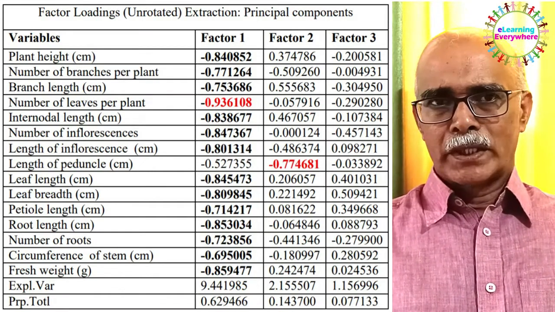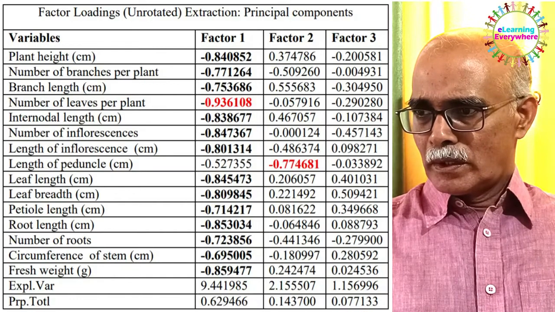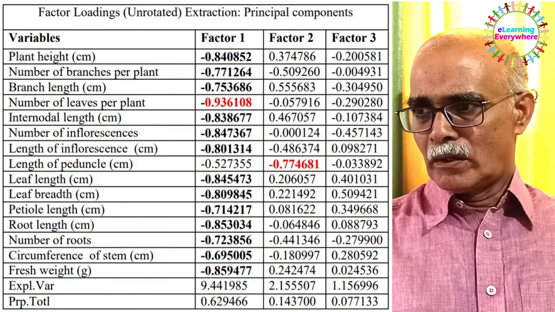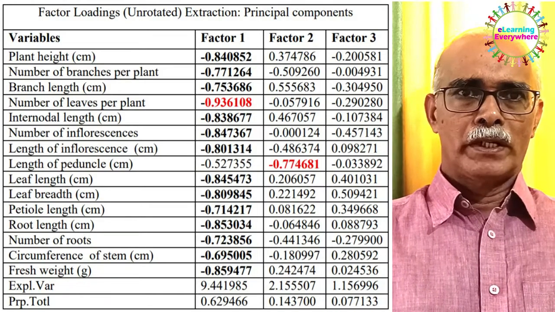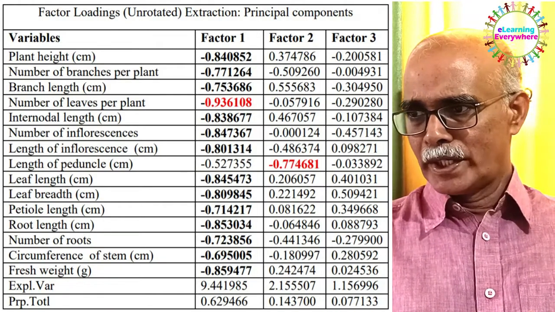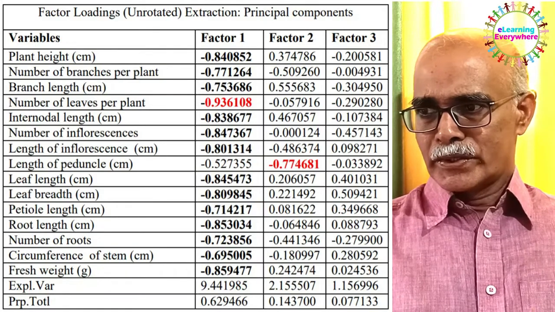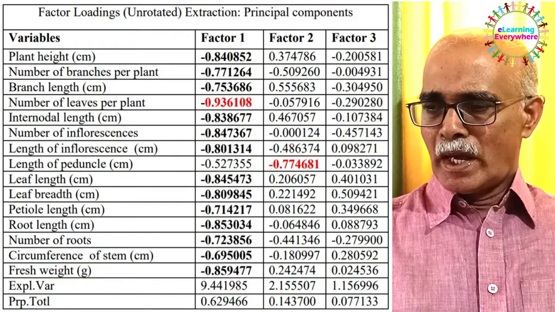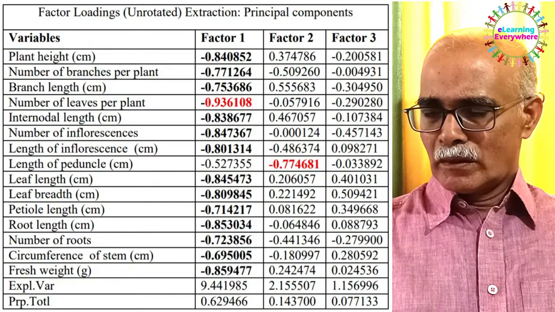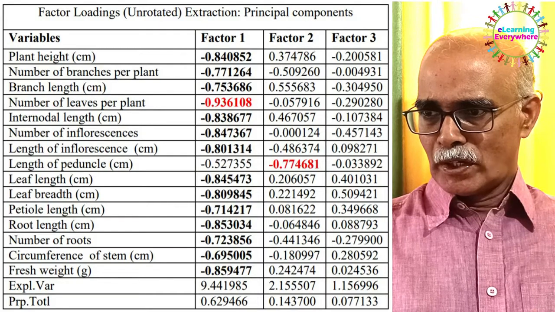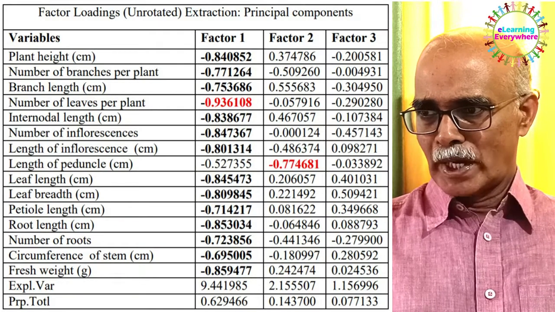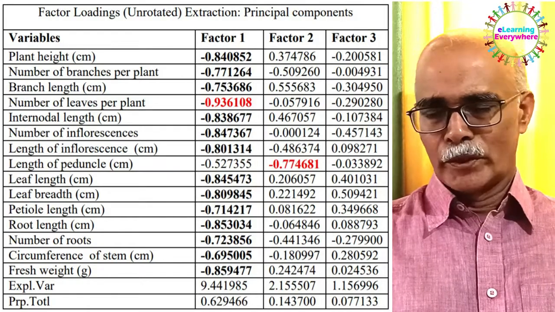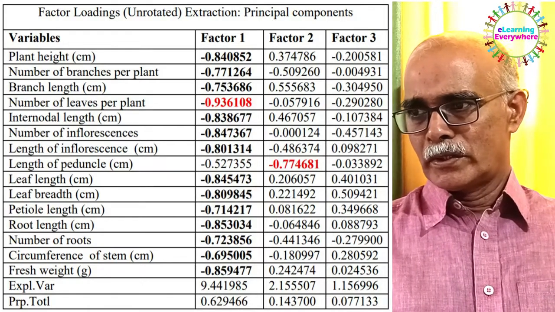And in the factor 2, length of peduncle only shows a considerably high factor loading, and it is minus 0.77, and contribution of variation of length of peduncle to the other factor groups is considerably lower than the contribution to the factor 2.